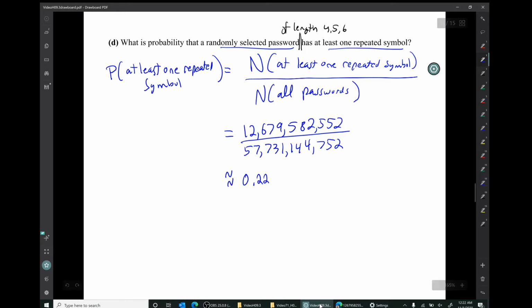So the probability is roughly 0.22, roughly a 1 in 5 chance that if you choose a randomly selected password of 4 or 5 or 6 hexadecimal characters, you will get one that has at least one repeated symbol. Let's go on.